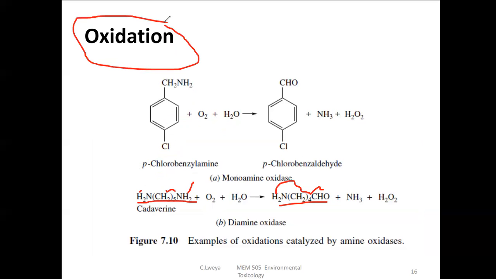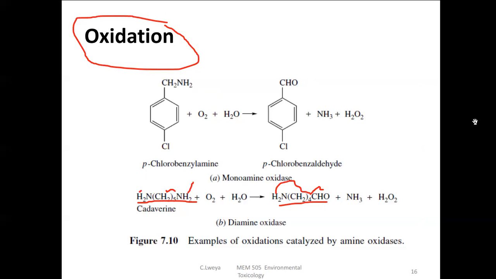Oxidation may be defined as losing of electrons, losing of hydrogen, or addition of oxygen towards itself. So even here, I may look at the simple compounds that we can use to illustrate the oxidation process.